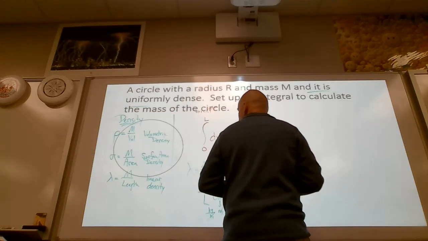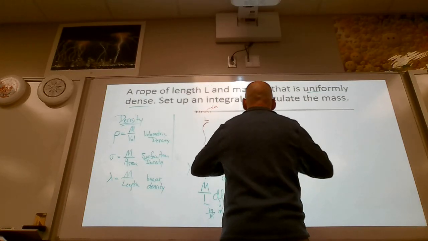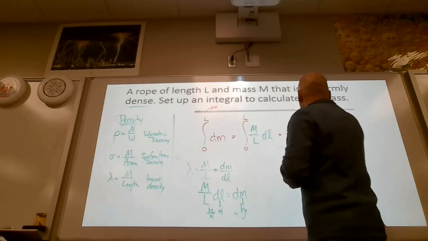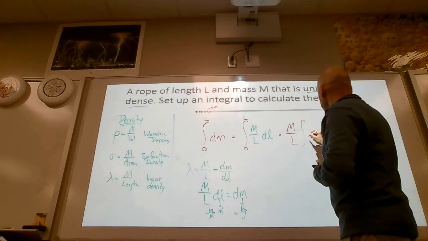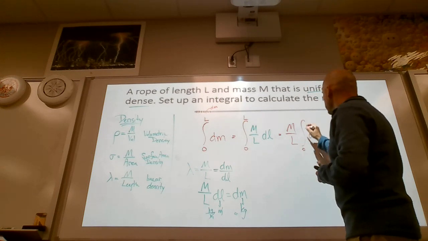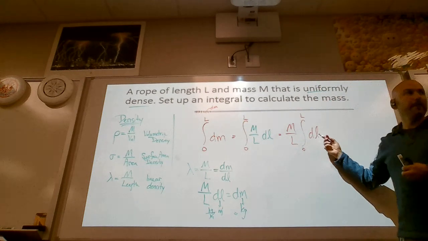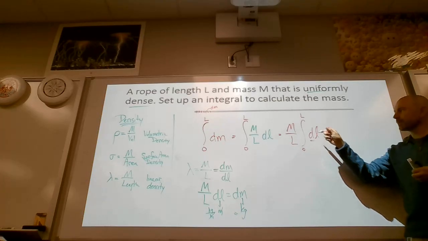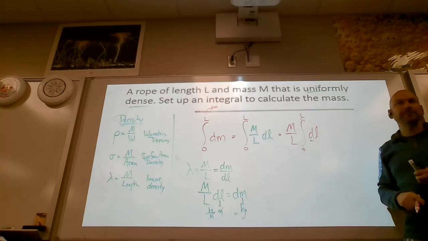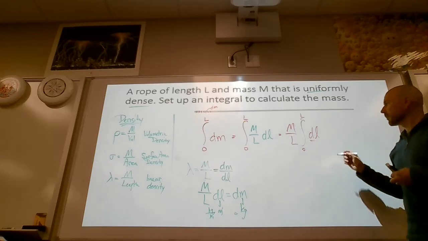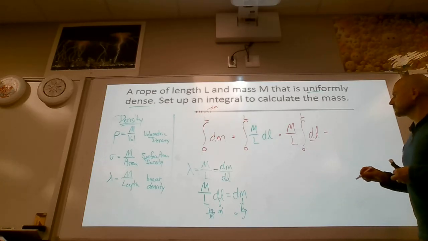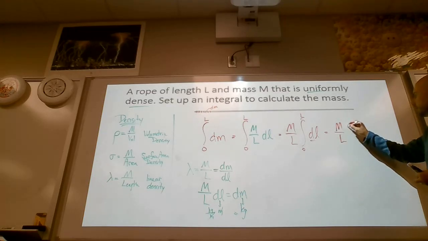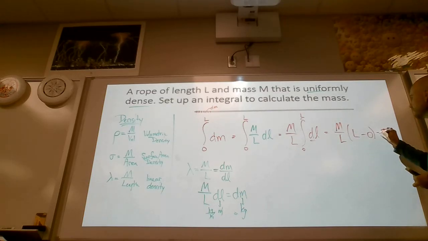M is constant. Capital M is constant. Capital L is constant. Unit-wise, this agrees with that. Can substitute that in there. M over L times L minus 0.